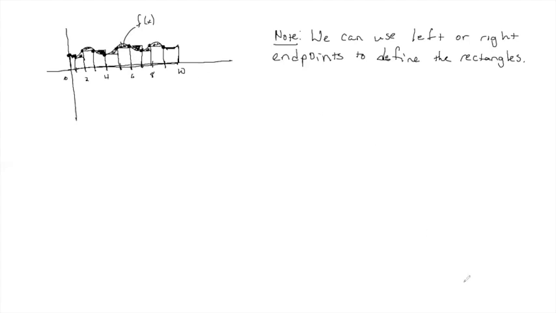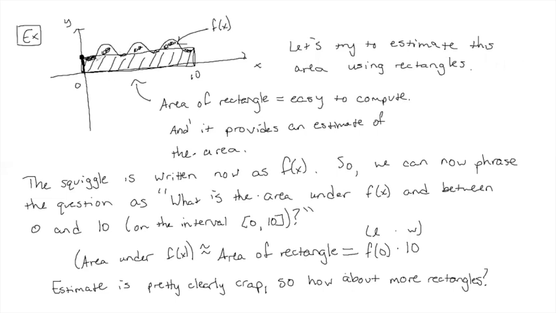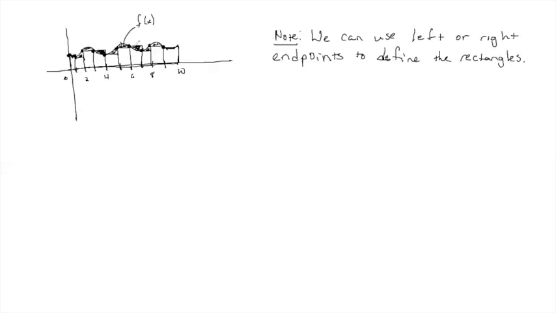Now notice there's definitely a lot less of that stuff colored in than there was up here, right? I overestimated quite a bit, and then I underestimated quite a bit. Up here, I'm only off by a little bit. So it does seem like more rectangles means better estimate. Okay, that's just something to keep in mind. That's something to build intuition a little bit.